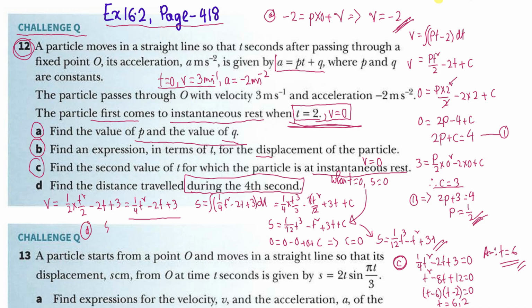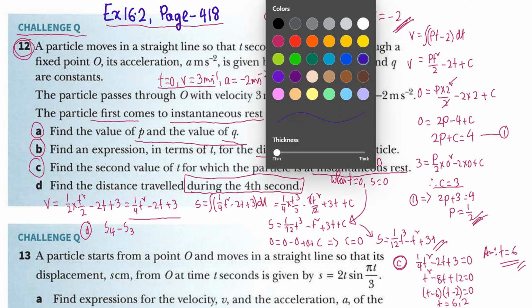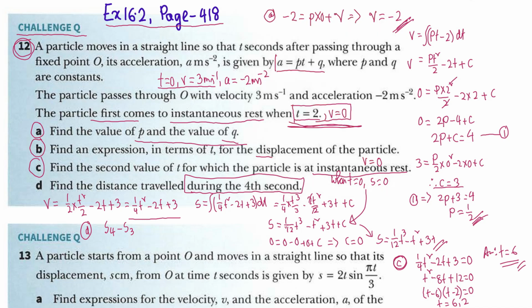We have s4 minus s3, and from 2 it turns back because velocity equals to 0, then till 6 it will turn back again. So the expression will look like that. I'm writing here with a different color to make you understand. It is going first right way, then it turned back, and then again it is going this way.